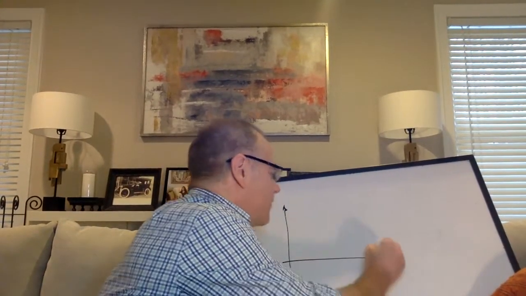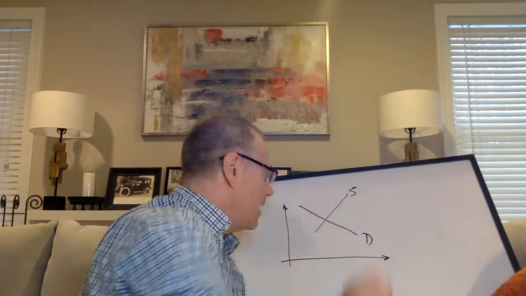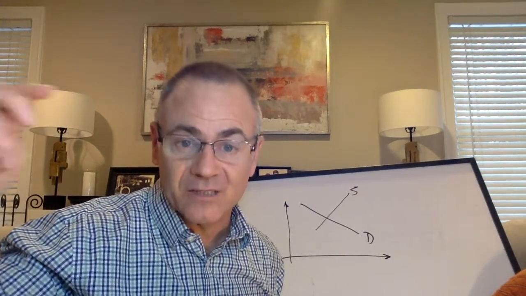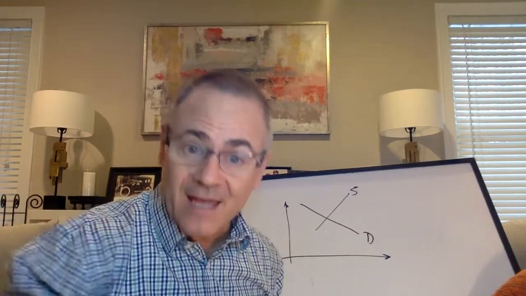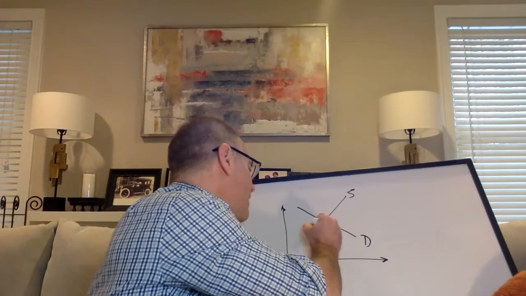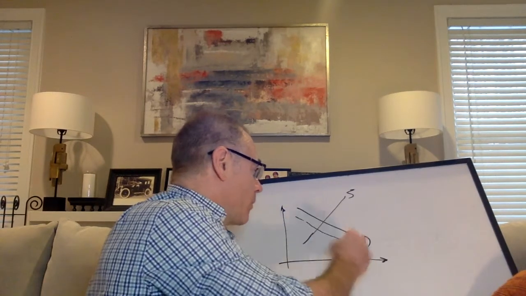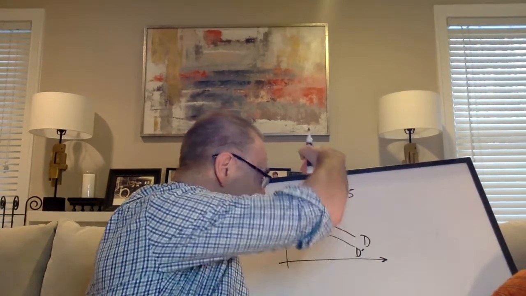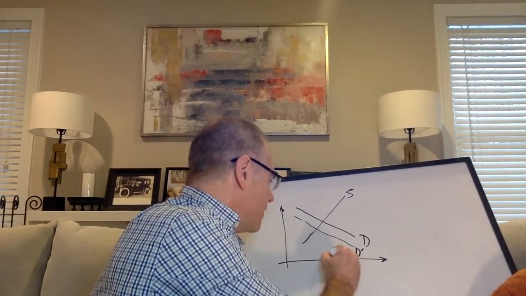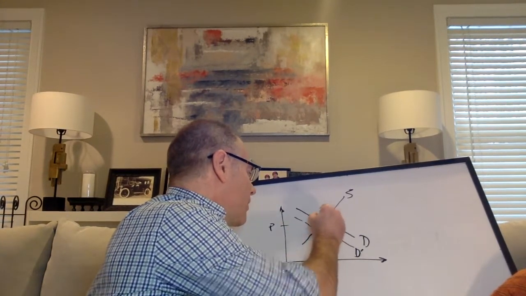So we're looking at the market for SUVs. We have demand, supply, and all of a sudden, the exogenous shock is the price of gasoline goes up. So that means the demand for SUVs is going to shift downward. For every possible quantity, people are going to be willing to pay a lower price. So the demand curve shifts downward or inward, if you like. Here's the former price and quantity, the market clearing price and quantity.